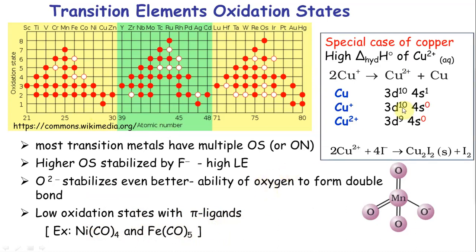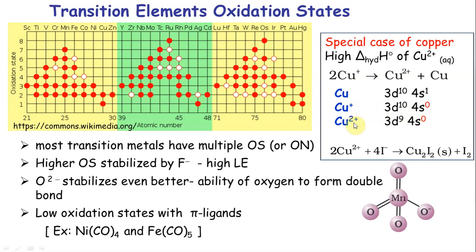Again, there is a special case of copper because of the same property. The hydration energy of copper 2 plus is high, but it is not enough to easily make copper go to copper 2 plus, but still this is high enough compared to copper plus. So even though copper plus is extremely stable, logic should tell you copper compounds should mostly be cuprous, not cupric.